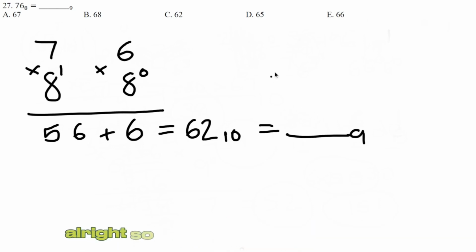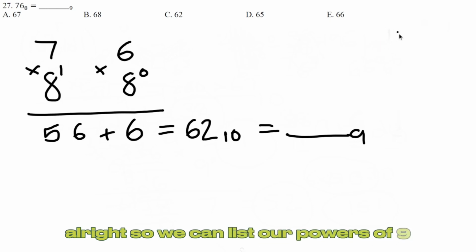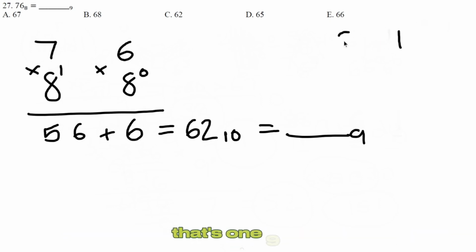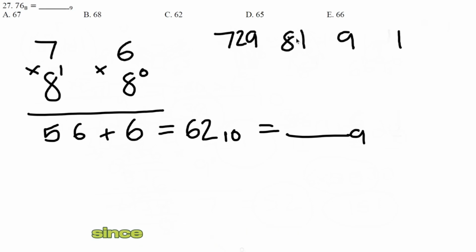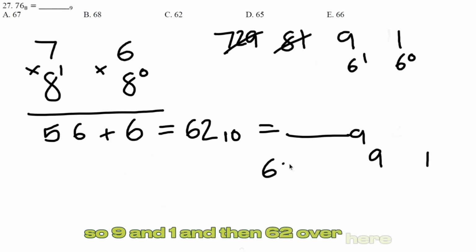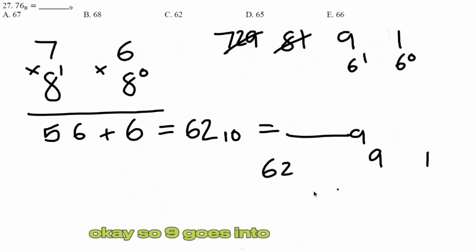Alright, so we can list out our powers of 9. That's 1, 9, 81, 729, and since 81 and 729 are both over, we don't need these. So 9 and 1, and then 62 over here. Okay, so 9 goes into 62 6 times, because 9 times 6 is 54, which is less than 62.